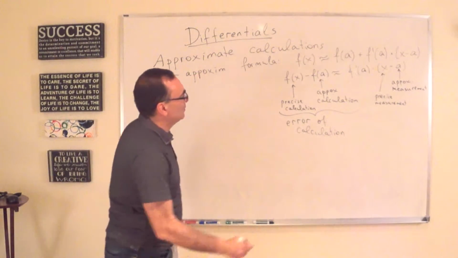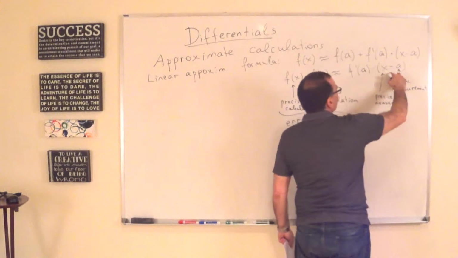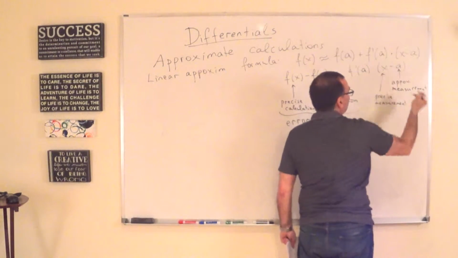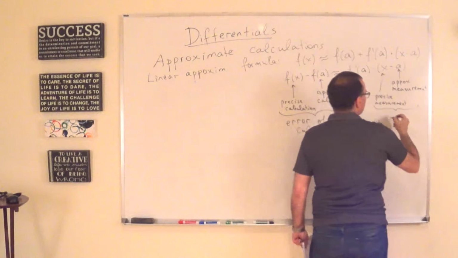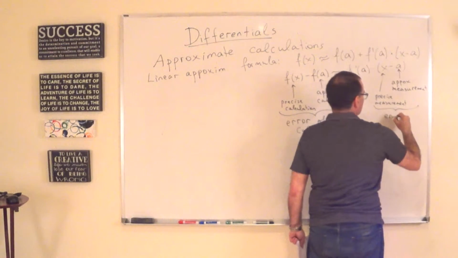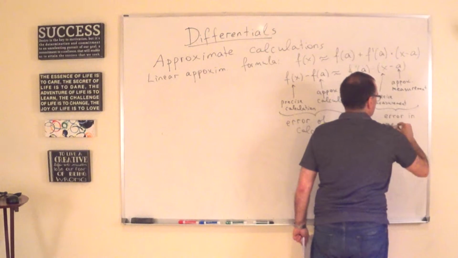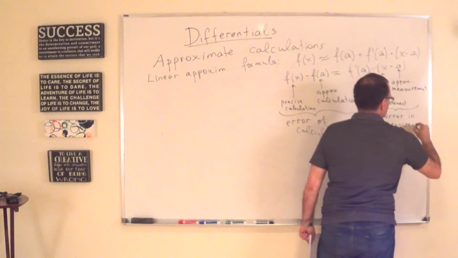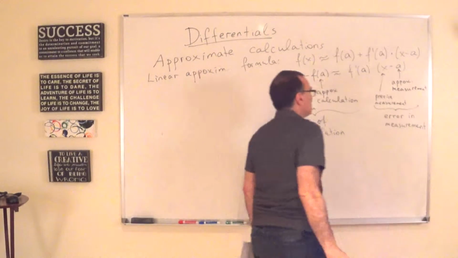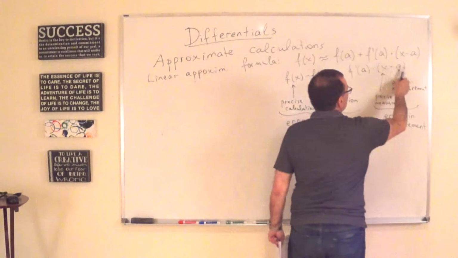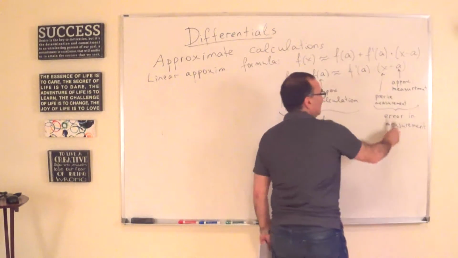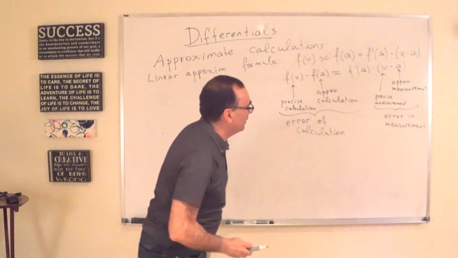So here's what we have. x minus a, which is precise measurement minus approximate measurement, is actually the error in measurement. So some quantity can be measured only approximately, only up to a certain error.